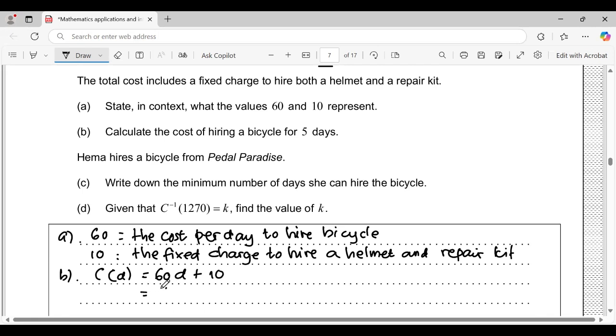So for 5 days, it means 60 times 5 plus 10 equals 310 Canadian dollars. Hema hires a bicycle from Pedal Paradise. Write down the minimum number of days she can hire the bicycle.